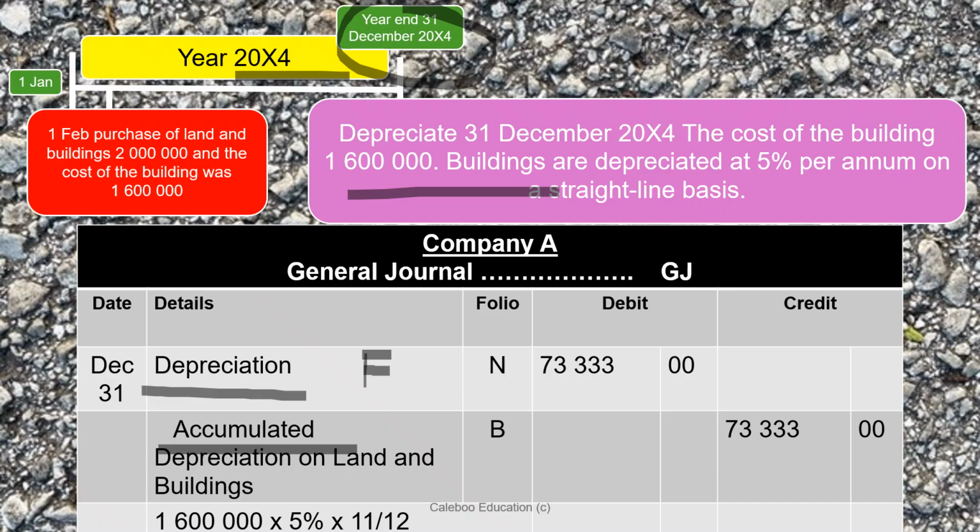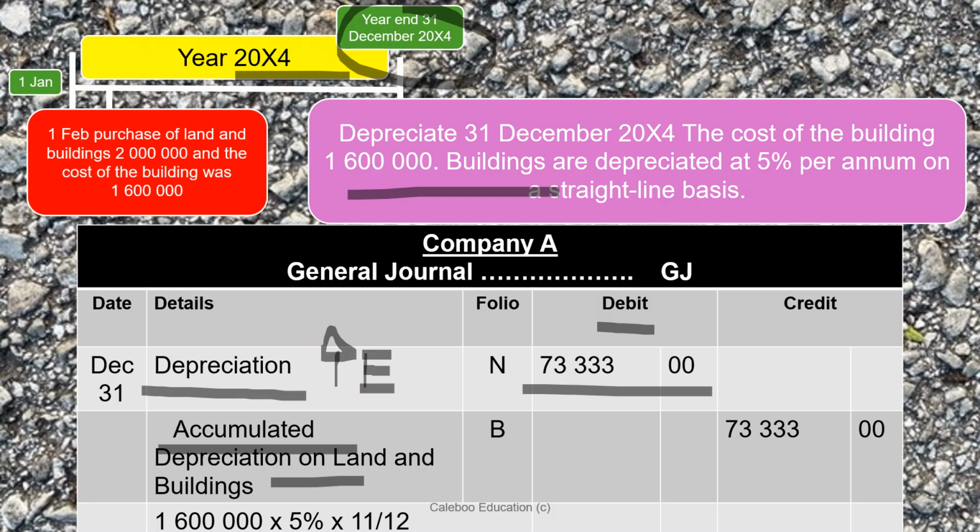Depreciation is an expense, wear and tear on the buildings. An increase in expense, the rule says debit. So under the debit column, you've got 73,333, and I'll show you how that was calculated in a moment.